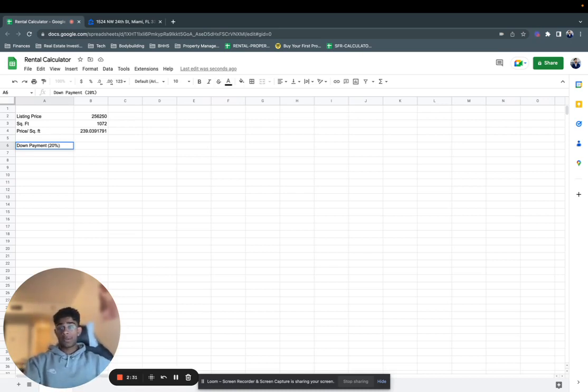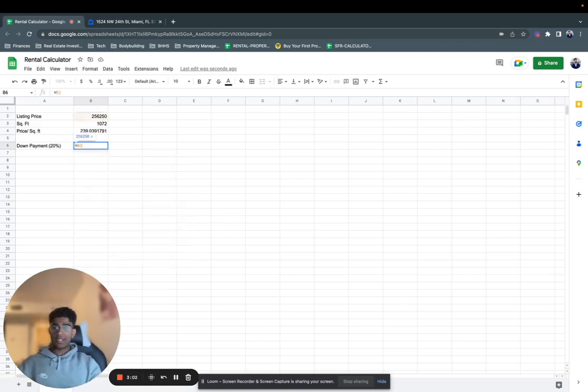The reason for 20% is because that's the typical amount that most lenders want for an investment property. There are many other loan programs for different people, but the best way to learn about those is to just call a local lender in your area. You can call any bank or mortgage company and they'll be able to help you figure out what's the best down payment strategy for your specific financial situation.